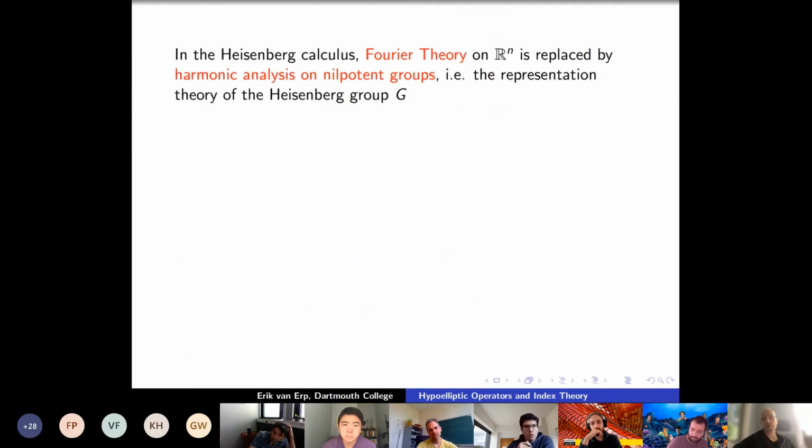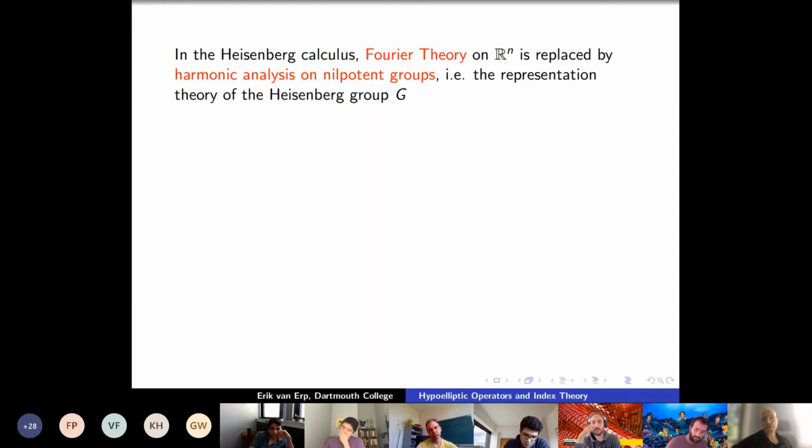The final change, and this is probably the most serious one, is that Fourier theory, which is a very classical subject, if you step back far enough, you will recognize that it is the representation theory of R^n that comes into play. R^n is an abelian group, so all the irreducible representations of R^n are one-dimensional, and so you don't really have to think of it as representation theory, but it is representation theory.